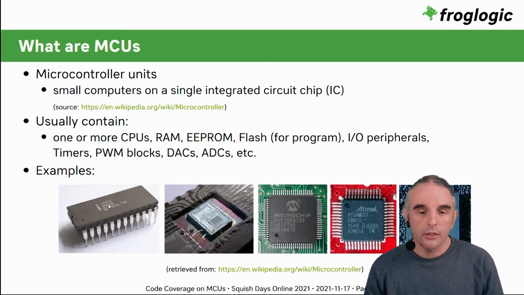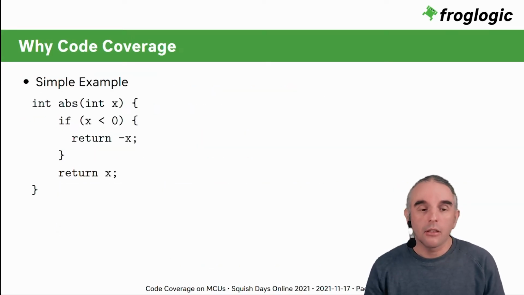Let me show you one simple example. Let's say that in the software for your microcontroller you have one very simple function like this. The function takes as input an integer and it returns its absolute value. So basically, if it's negative, it will return a positive number, and if it's a positive number, it will return the same number.